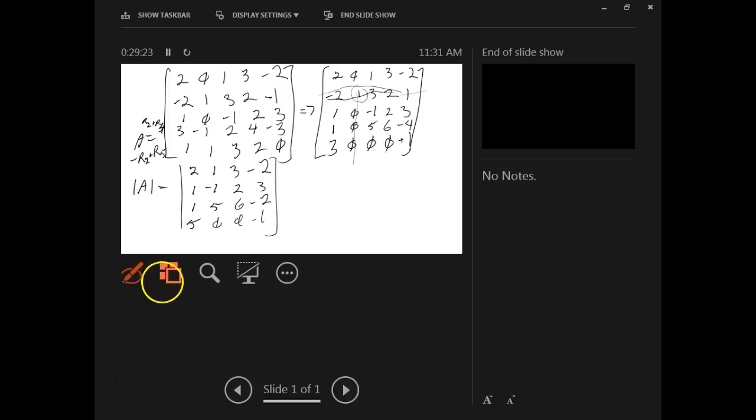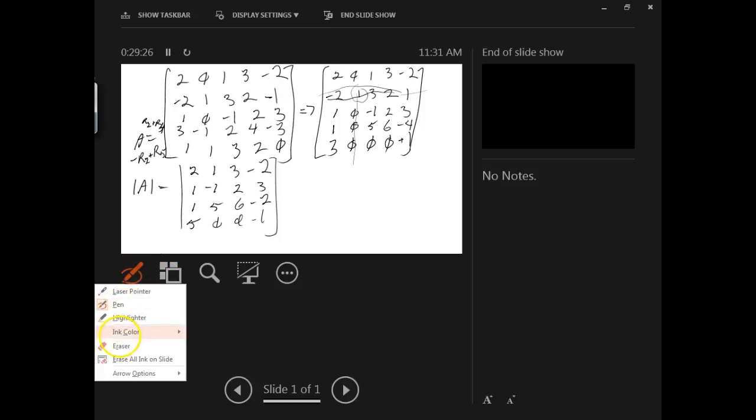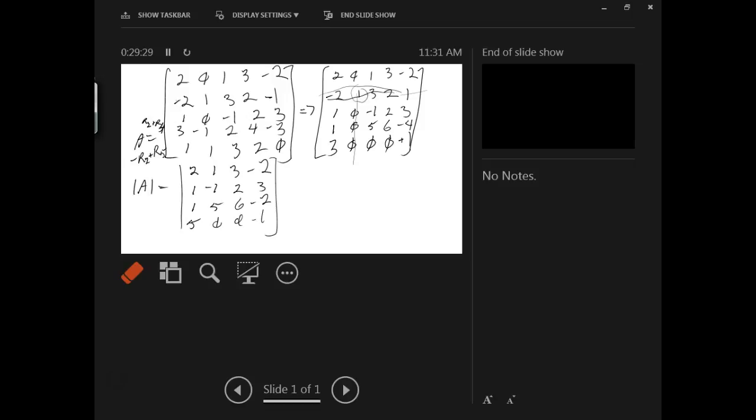Okay. I think I've got it right now. All right. So let's make those corrections that I found up above. 2, 1, 3, negative 2, 1, negative 1, 2, 3, 1, 5, 6, negative 4, and then a 3, 0, 0, 1.